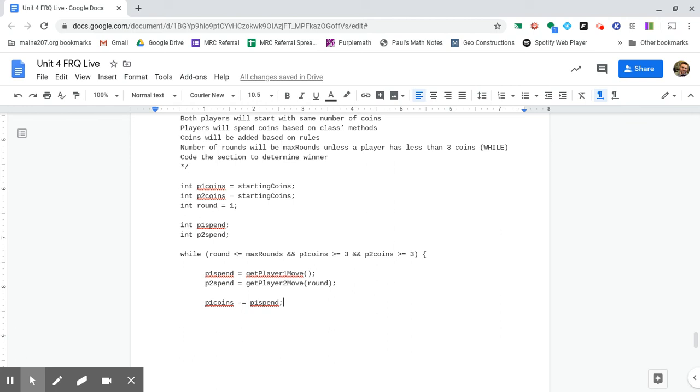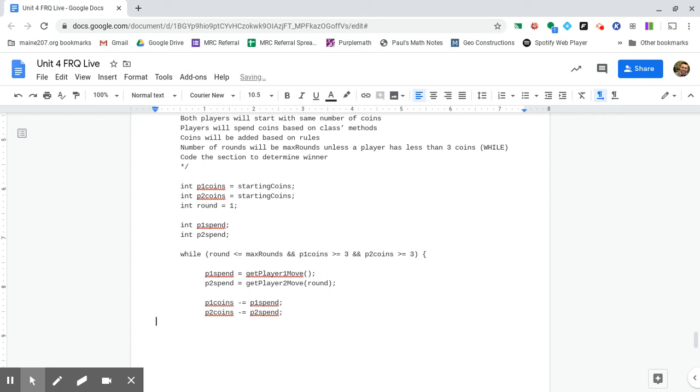And so that is why I did a minus equals. Did you have to do that? No, but that's just kind of the way I see it. P2 coins is going to be the same thing, but with the P2 spend, which is awesome. Now we've taken away the coins that they chose to spend that round.